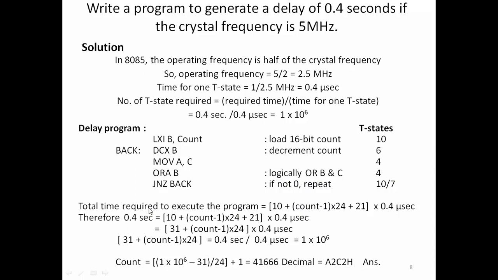It means the total time required to execute the program is 0.4 second, which equals (10 plus (count minus 1) into 24 plus 21) into 0.4 microsecond. If we evaluate this bracket expression, 21 and 10 become 31, plus (count minus 1) into 24, into 0.4 microsecond.